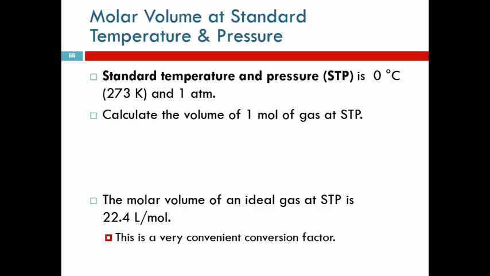I think they chose this because it's a very easy set of conditions to obtain. If you put your flask in an ice water bath and allow it to be in equilibrium with the atmosphere, you've got it. 0 degrees Celsius and 1 atmosphere. So let's calculate what the volume of 1 mole of gas would be under these conditions.